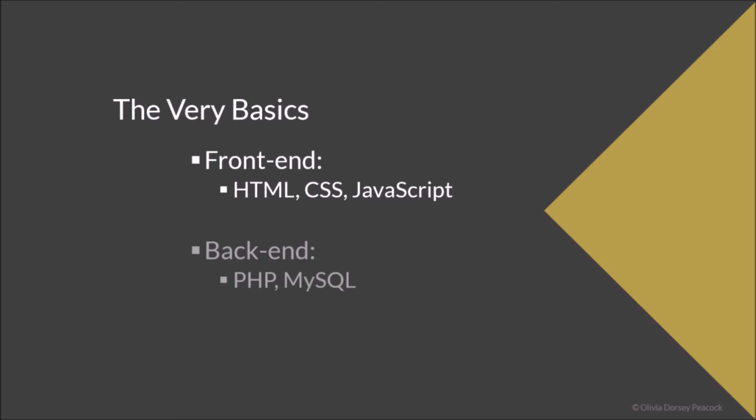CSS stands for Cascading Style Sheets, and that refers to the design of your website: the colors, it helps you solidify that layout structure, font choices, all of those things. JavaScript helps you with the more interactive elements of your website, so if you have links that change color when you hover over them, things like that.